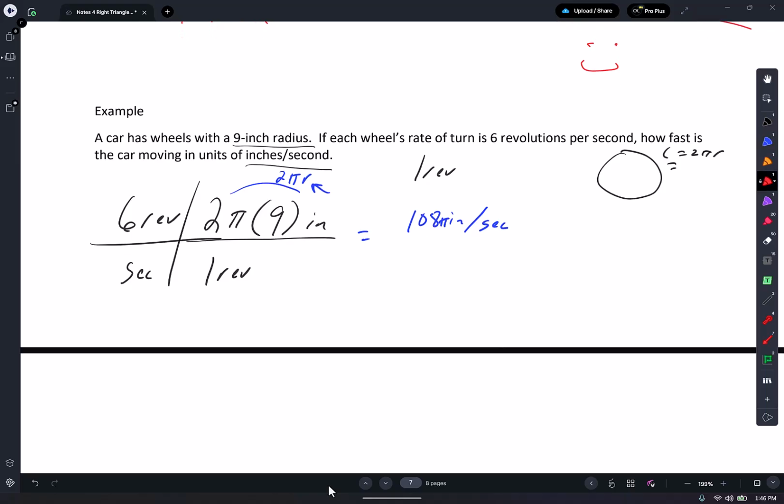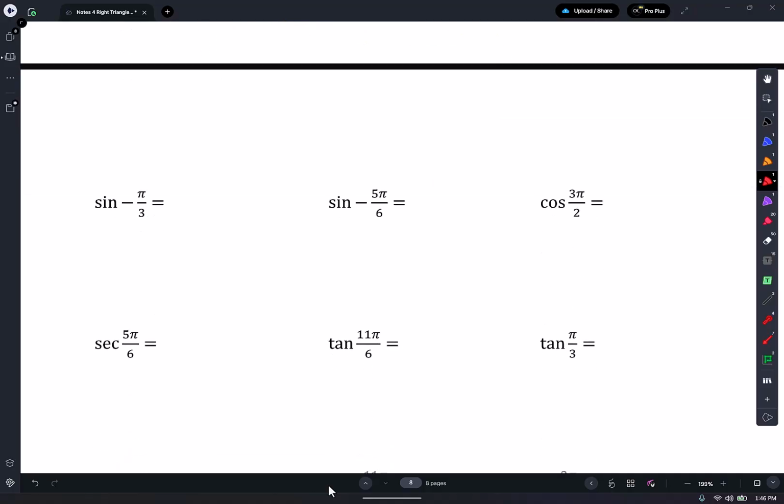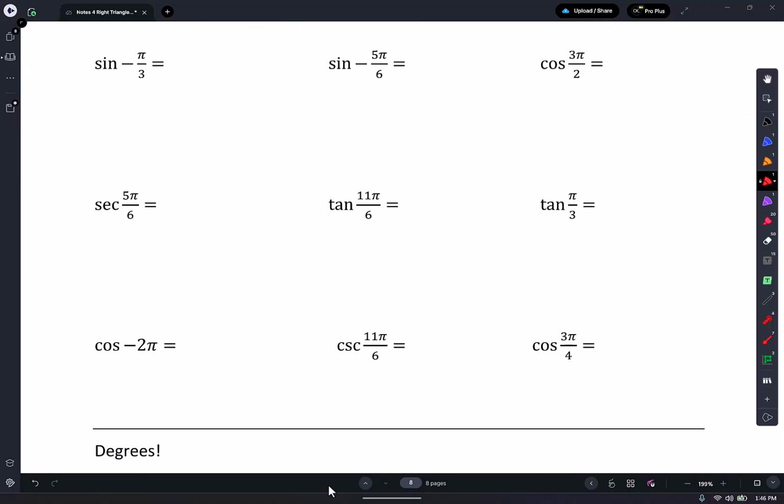So here's how your quiz is going to look. Do you have access to your unit circle from last week? Okay, take it out. Very few people get hundreds on the first attempt.